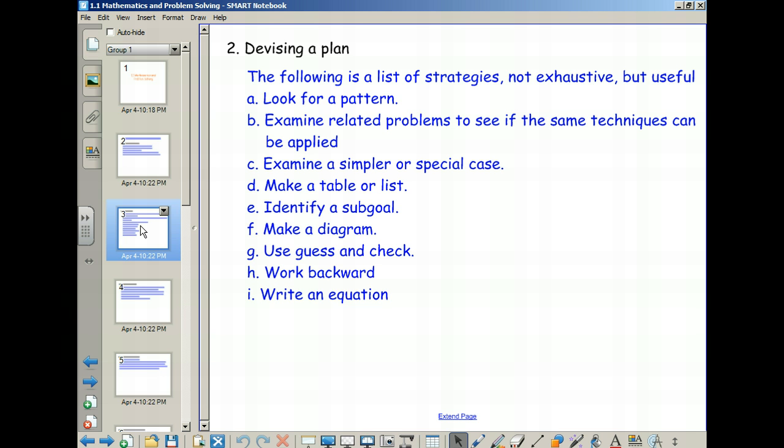Occasionally you'll see something written, and it comes up in my kids' papers too, like 14 minus blank equals 12, and they have to fill it in. That's an equation, right? Don't think that just because you're working with elementary kids, you're never going to see equations. They're just not going to look like the algebra equations you're accustomed to as a kid. Okay? So these are some different, not exhaustive, problem-solving strategies that we're going to take a look at.